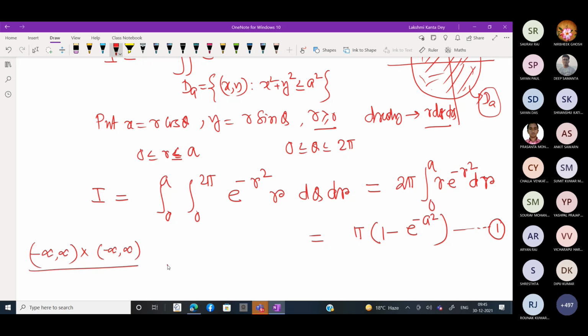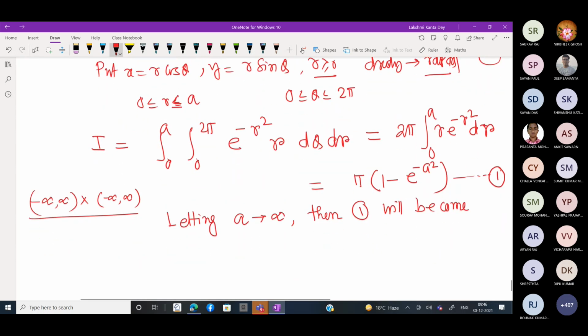So now letting a tend to infinity, a is very large. Then what happens to equation number one?